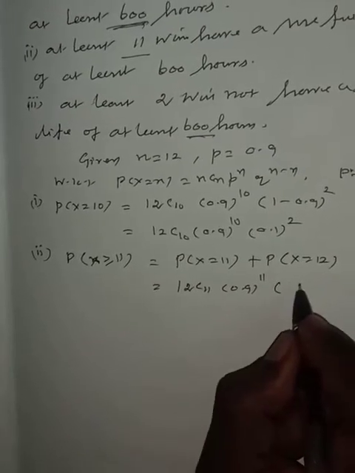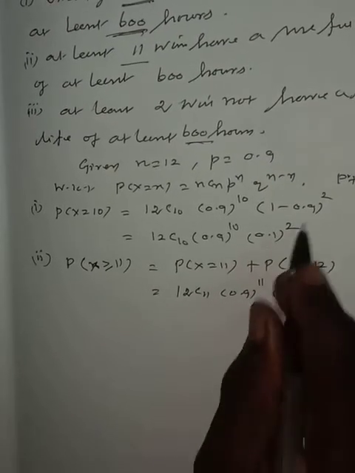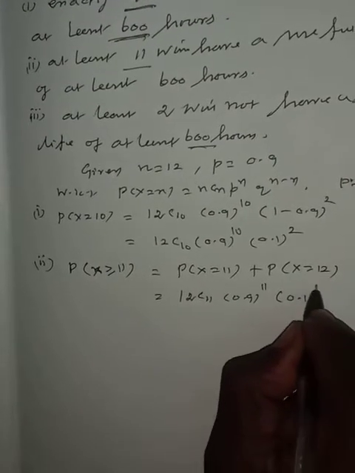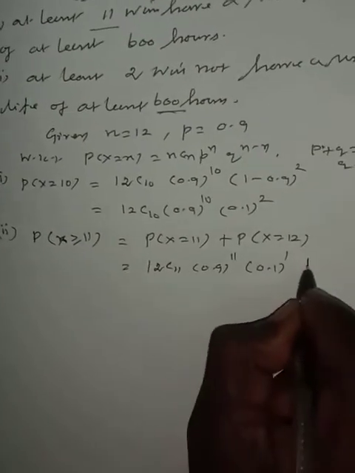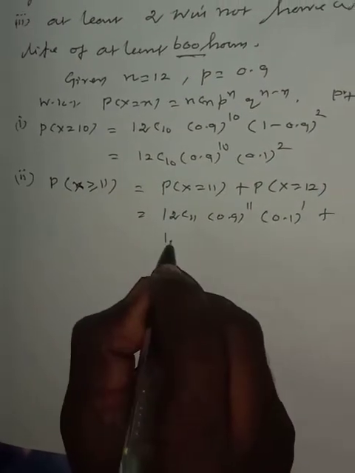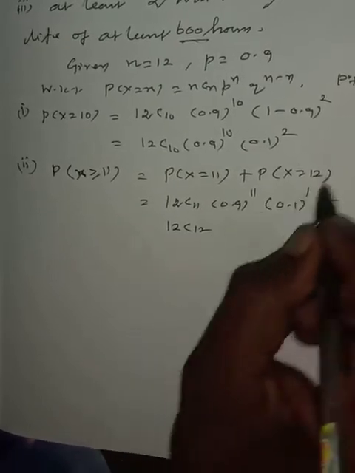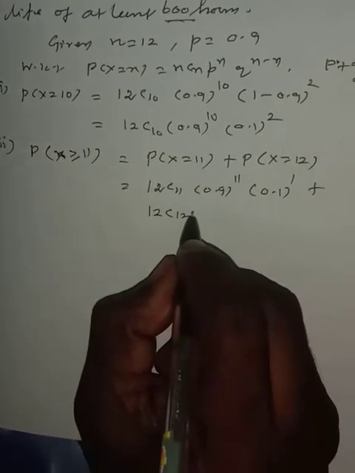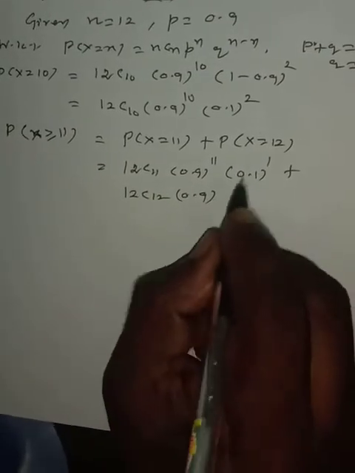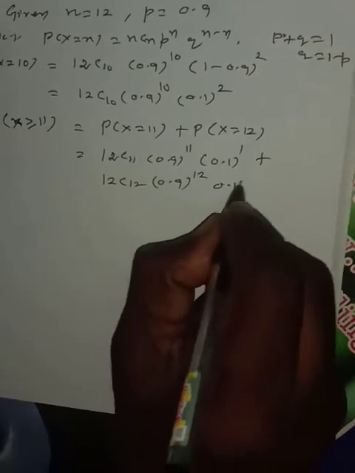into 1 minus 0.9, which is 0.1, whole to the power of 1, plus 12C12 into 0.9 whole to the power of 12 into 0.1 whole to the power of 0.